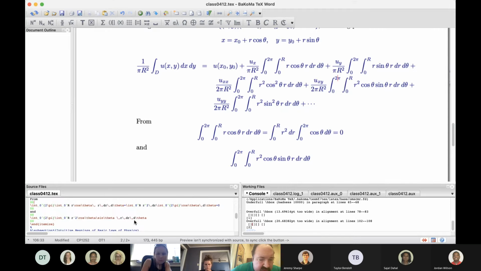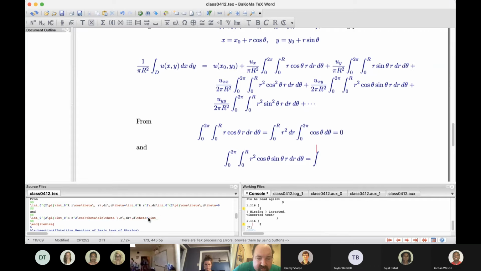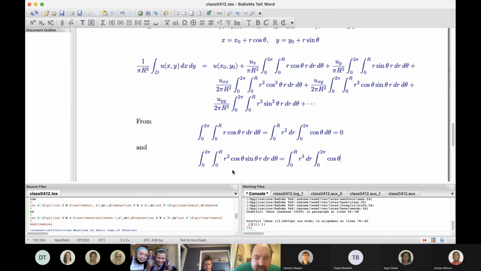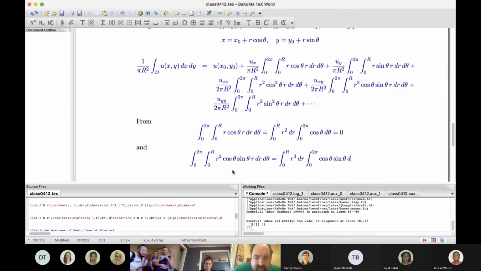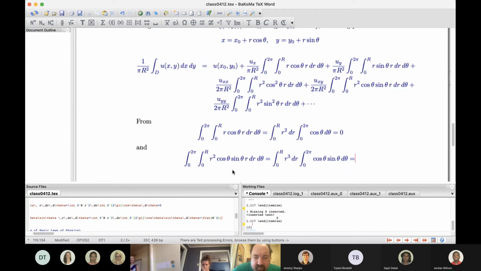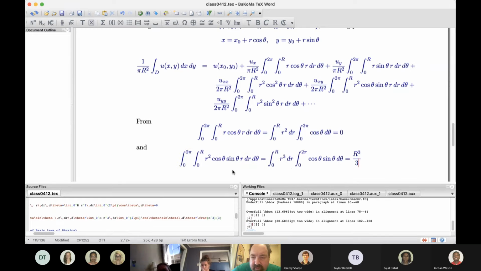All right, so same idea. So I'd have r cubed, then I have cosine theta, sine theta. So then the first integral is easy enough to evaluate, capital R cubed over 3.